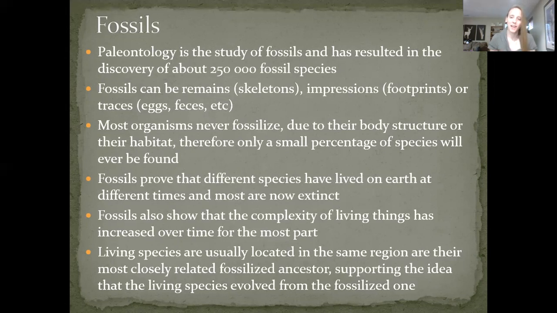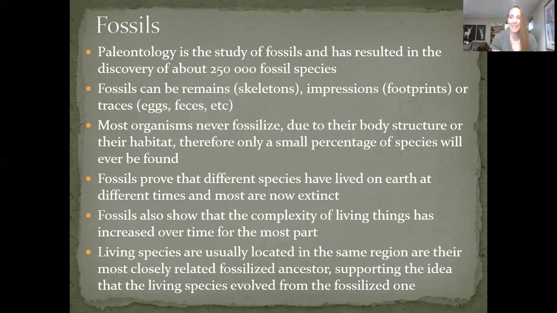Most organisms, unfortunately, never fossilize, and this could be due to their body structure. So if an organism doesn't have a skeleton, it's much more difficult for it to fossilize. It could also be because of their habitat.